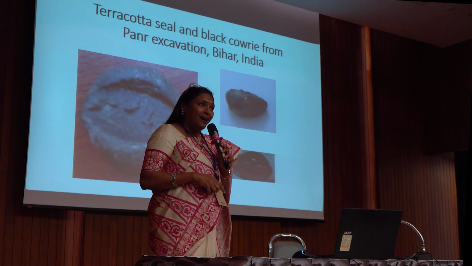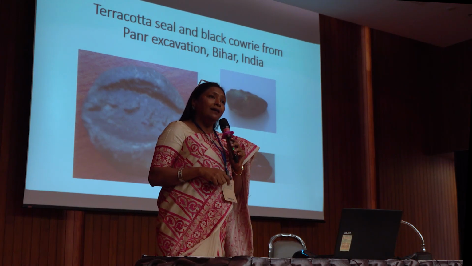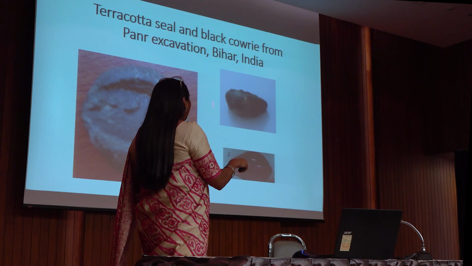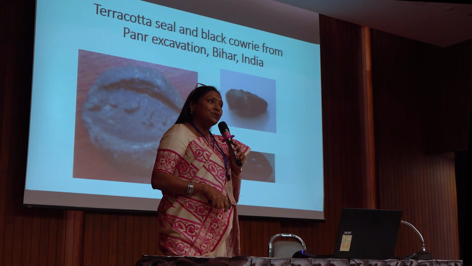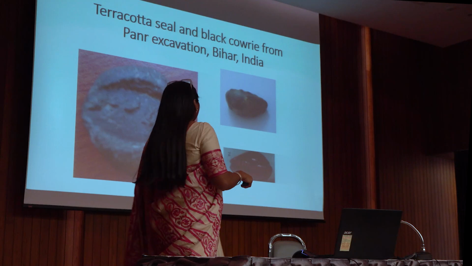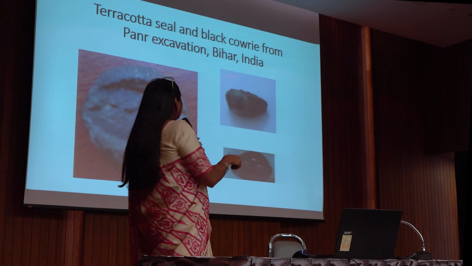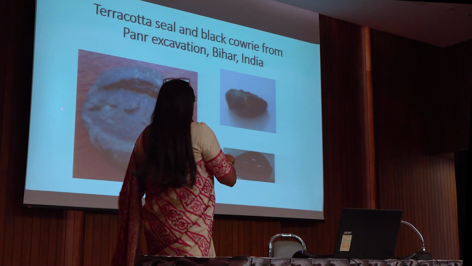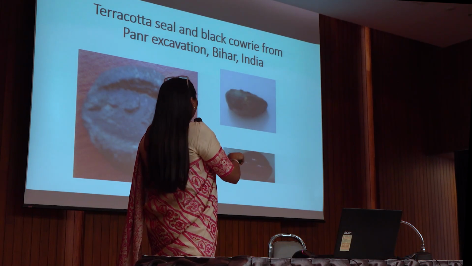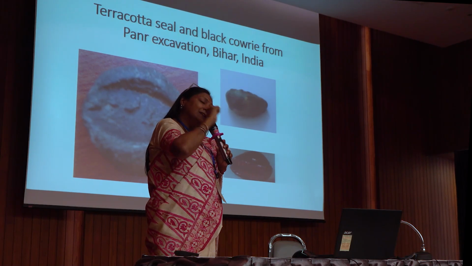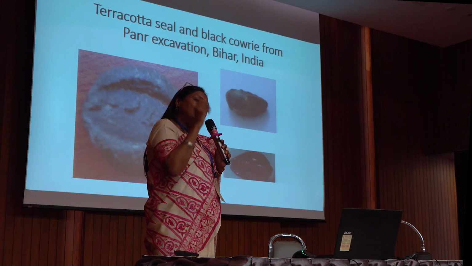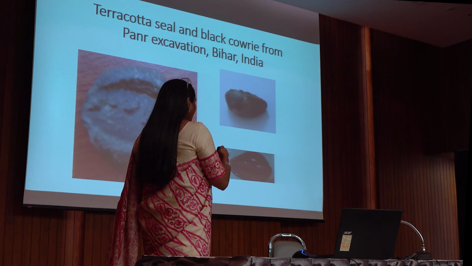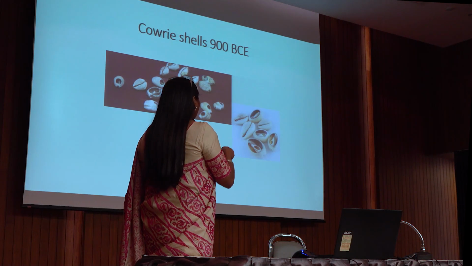Now in Bihar, in a site called Pura, recently excavated in this decade, we have found the same black cowrie shell which is used by the Chinese. And not only that, all the seals and the sealings which they have from this excavated context have a cowrie shell shaped in curves, and on that is written the inscription in Brahmi character. So somehow or the other, the cowrie shells were very important to the people of this particular site.